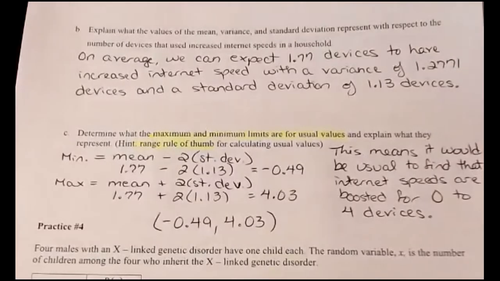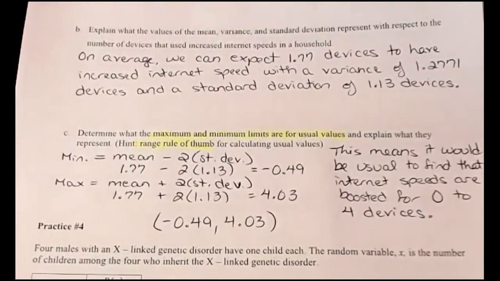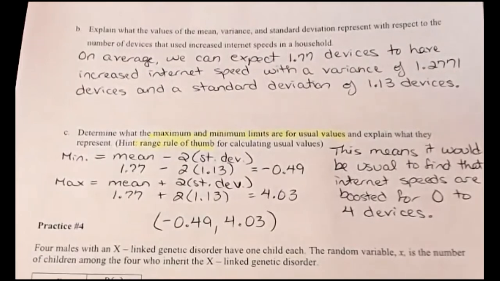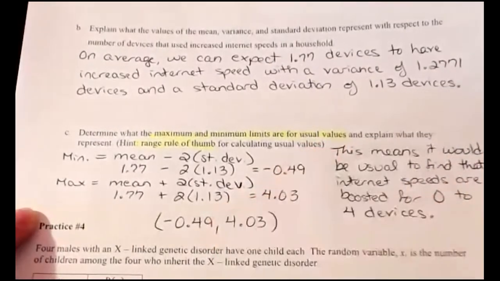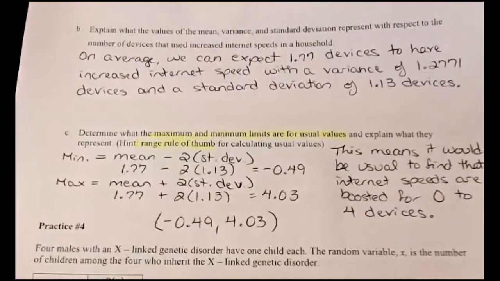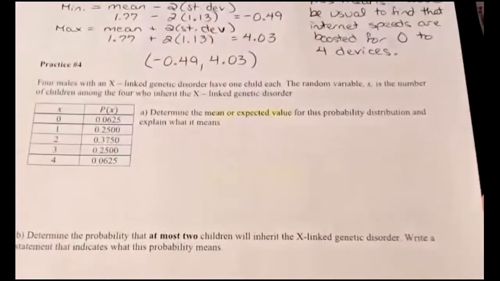We have 4 males with an X-linked genetic disorder have 1 child each. The random variable X is the number of children among the 4 who inherit the X-linked genetic disorder. We want to determine the mean or the expected value for this probability distribution and explain what it means. As a reminder, we have a formula for calculating the mean or expected value.